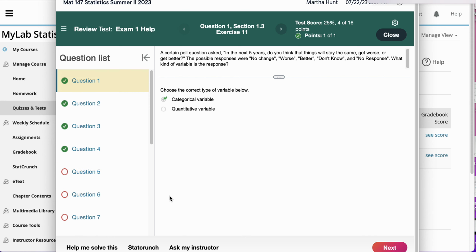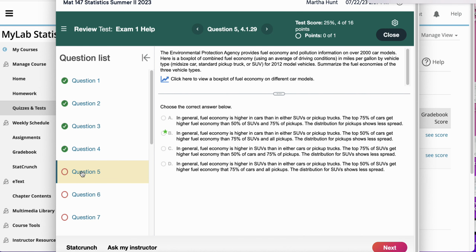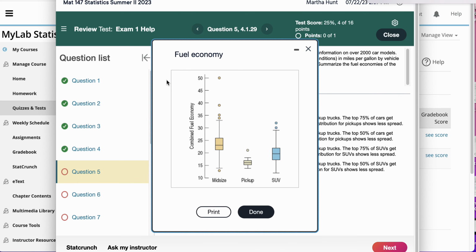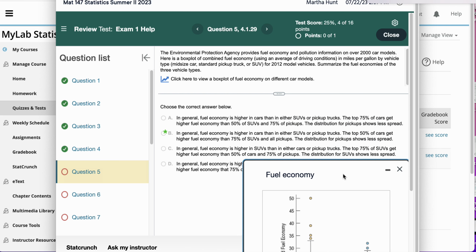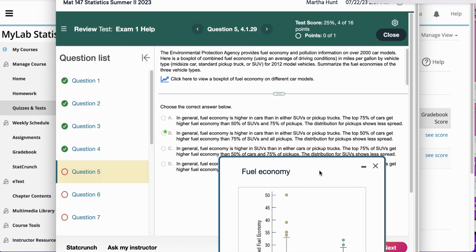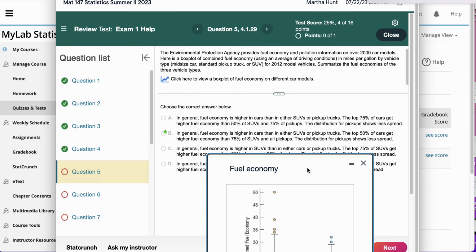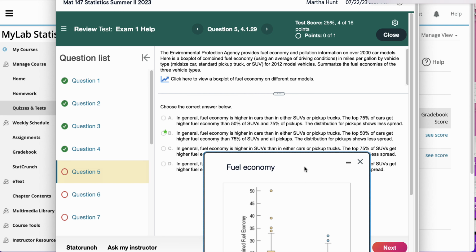And when you review the test, these are the problems you got incorrect. And here we go. This is going to show you a box plot and histogram, and it's going to ask you a lot of questions. It's going to ask you which had the higher fuel economy, and it's all about fuel economy.